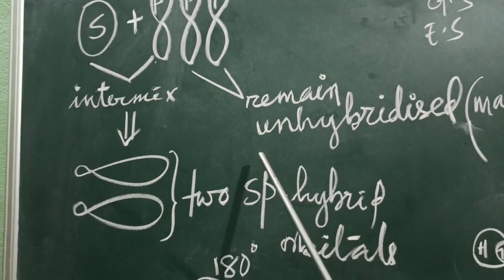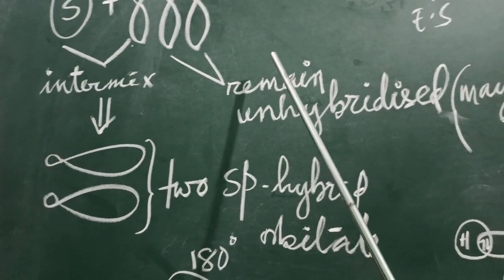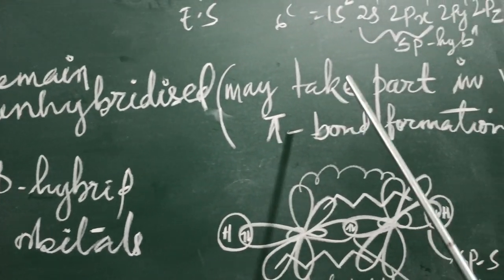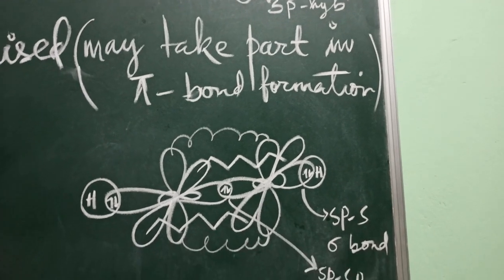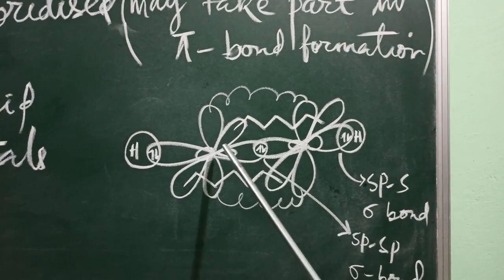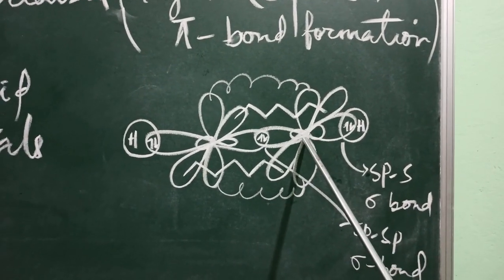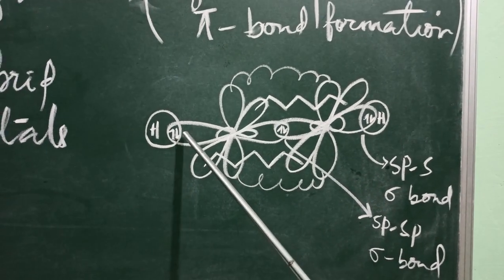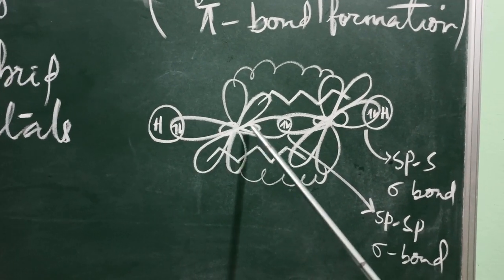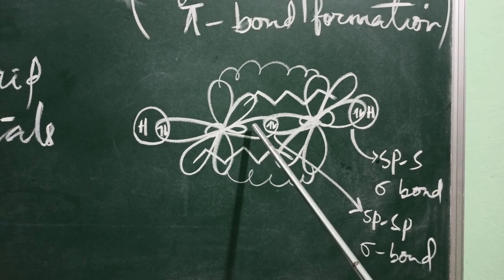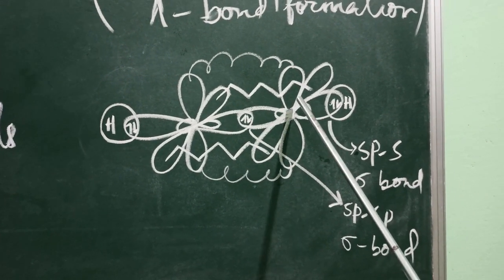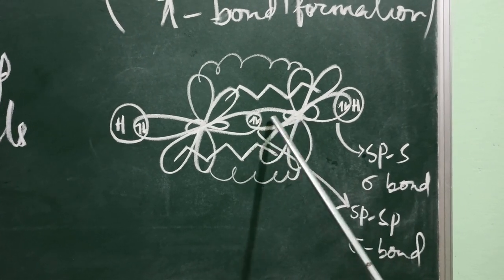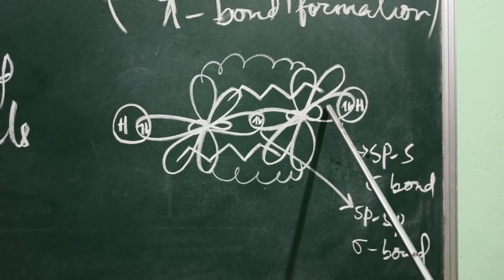They may take part in pi bond formation. In case of C2H2, this is the carbon, this is the carbon. These two are the sp hybrid orbitals making an angle of 180 degrees. These two are the hybrid orbitals of this carbon at an angle of 180 degrees.